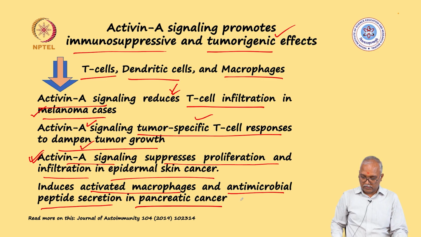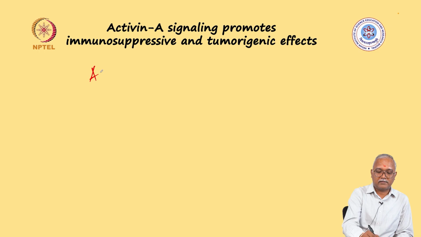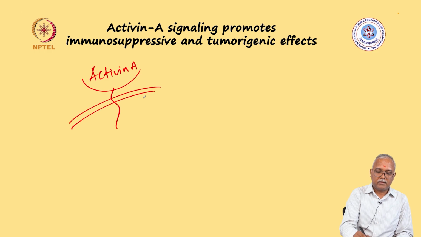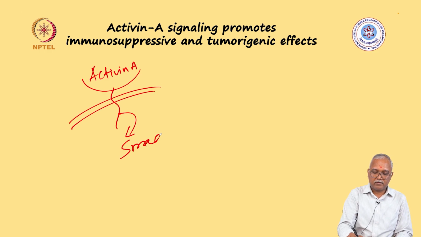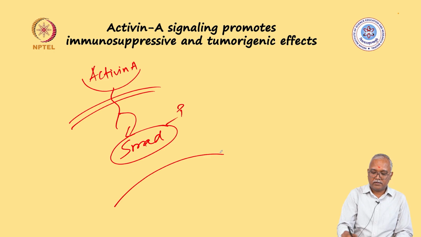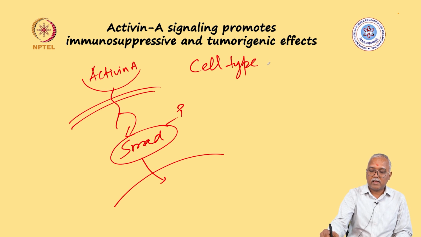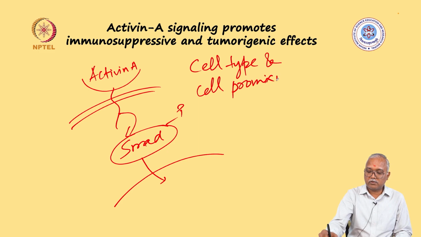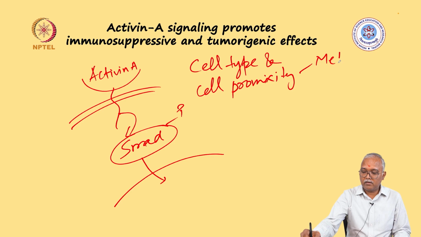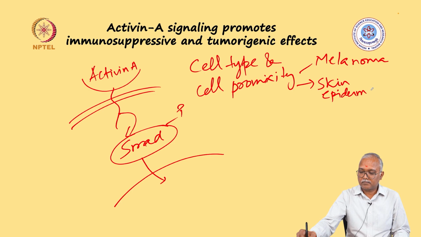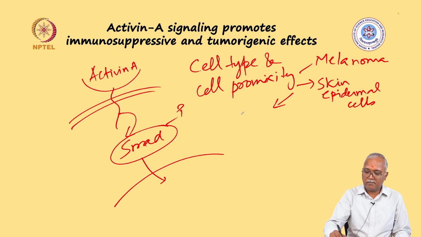So together, what you can understand is that activin signaling through its receptor and SMAD phosphorylation inside the nucleus depends on the cell type and cell proximity, because we saw cases of melanoma, skin epidermal cells and pancreatic cells.